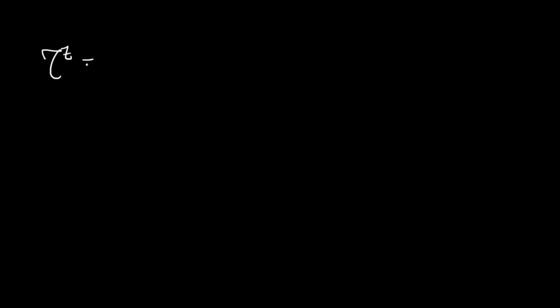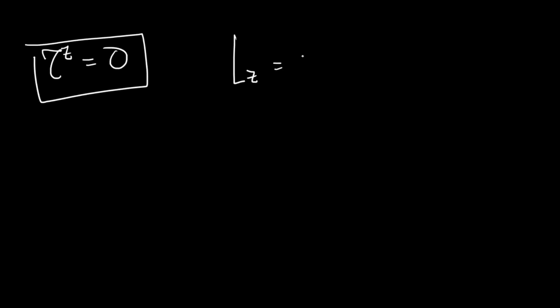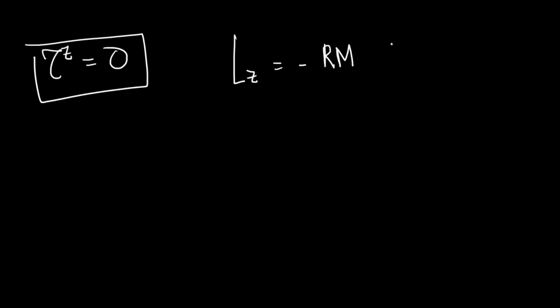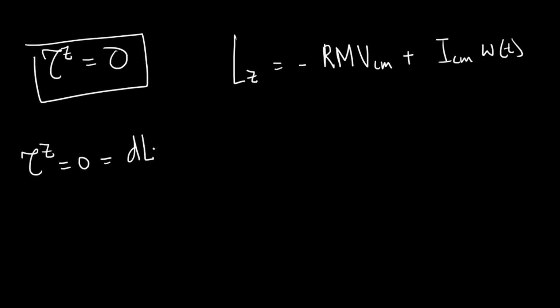Tau z is always 0, and Lz happens to be minus R m vcm plus Icm omega at that instant. Now, what's the law? The law says that tau z is equal to 0, is equal to dLz by dt, which means that dLz by dt is equal to 0.